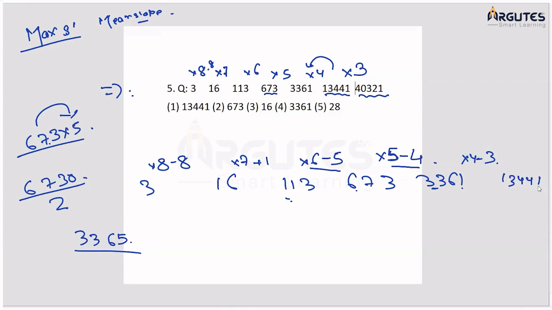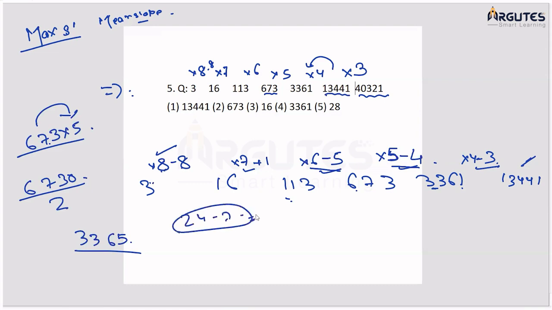So we will check the unit digit. Unit digit will be 4 × 1, 4, 4 minus 3, 1. Yes, correct. Now the rule is confirmed. The rule is ×6 minus 5, ×5 minus 4, ×4 minus 3. So here it will be ×8 minus 7, and here it will be ×7 minus 6. So we will write here ×8 minus 7: 3 × 8 is 24, and 24 minus 7.